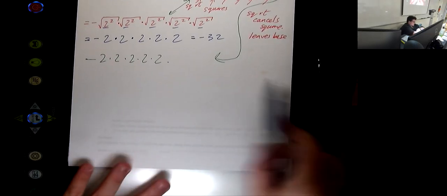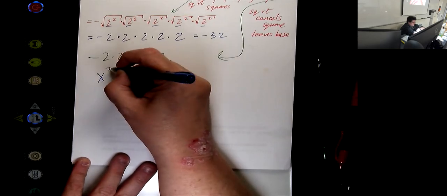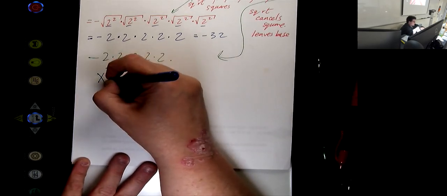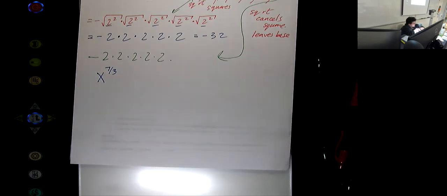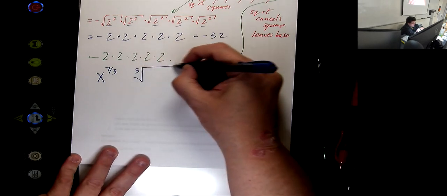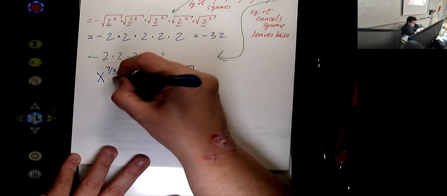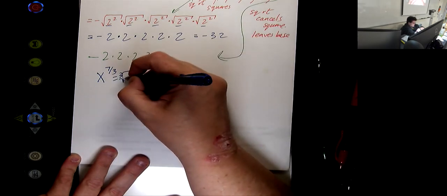I'll give you another example of this. We're going to work with x to the 7/3, and we want to rewrite this. So this is the cube root of x to the 7th power.